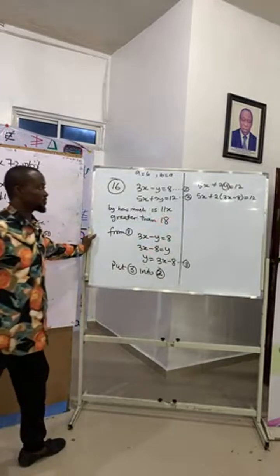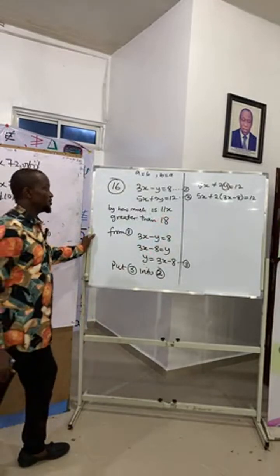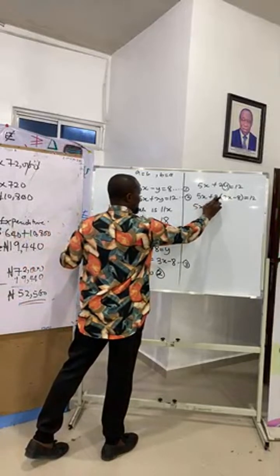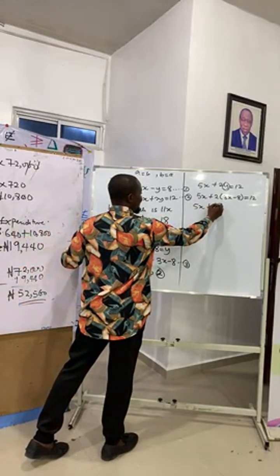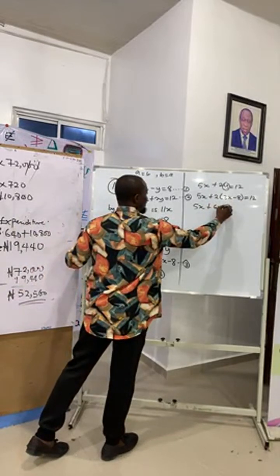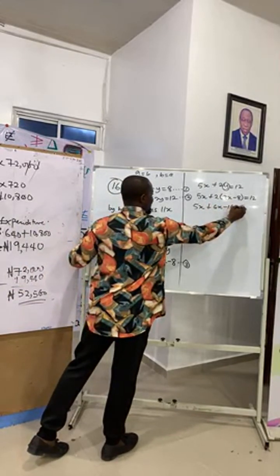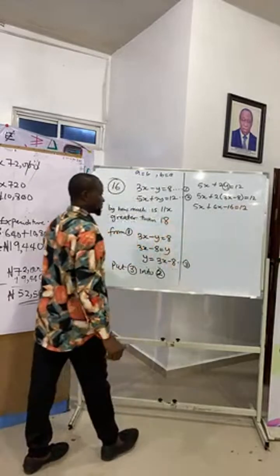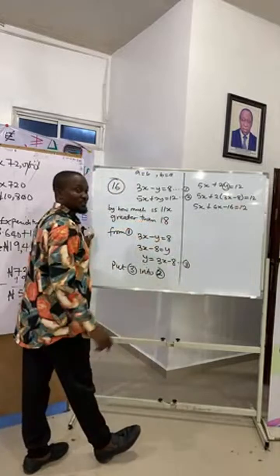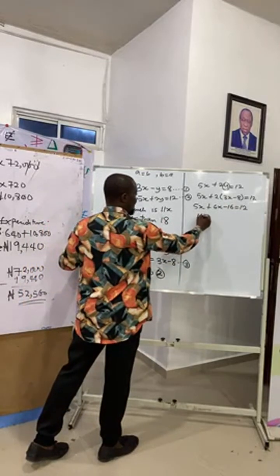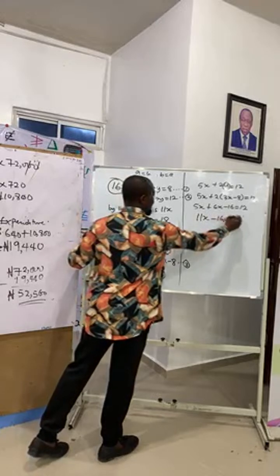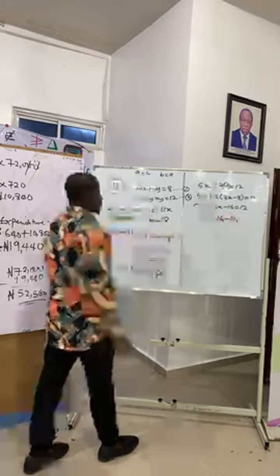So 5x plus 2 times 3x is 6x, then 2 times minus 8 is minus 16, equals 12. So 5x plus 6x is 11x, equals 12.